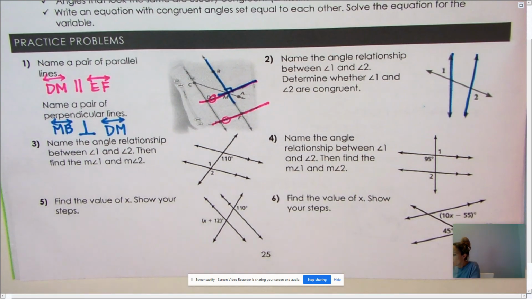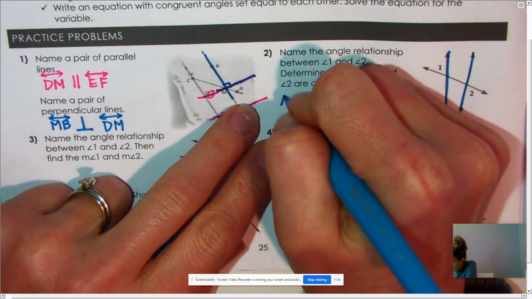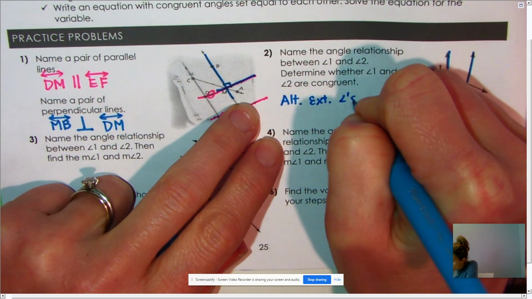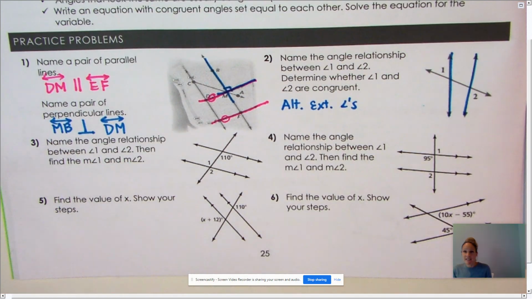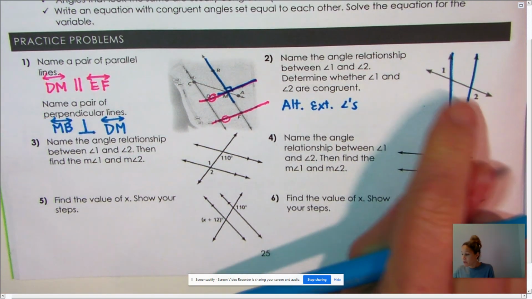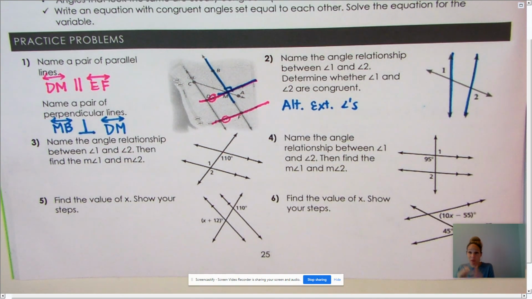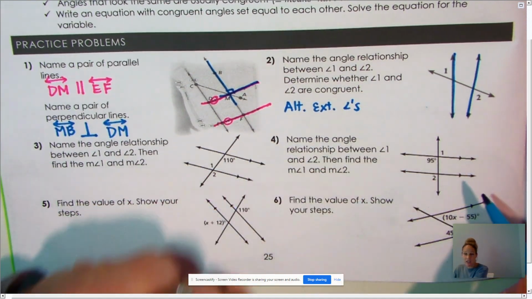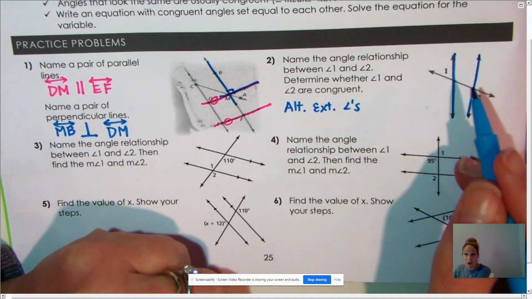So we would say these are alternate exterior angles, and they are only congruent if those lines are parallel. Remember, parallel means that they're never going to intersect. These ones kind of do look like they're going to intersect eventually, and it's not marked parallel, right?